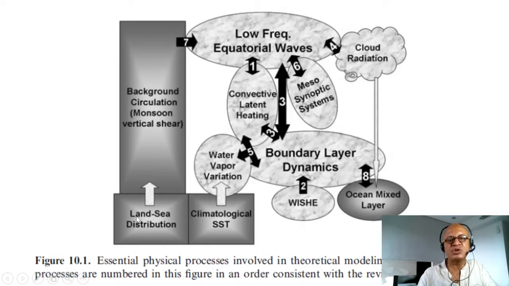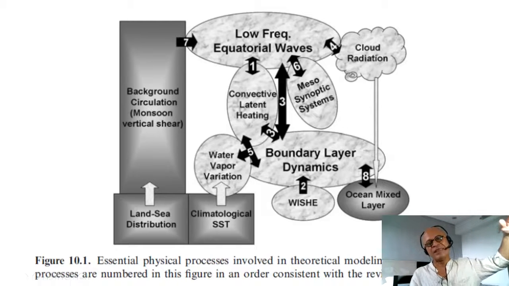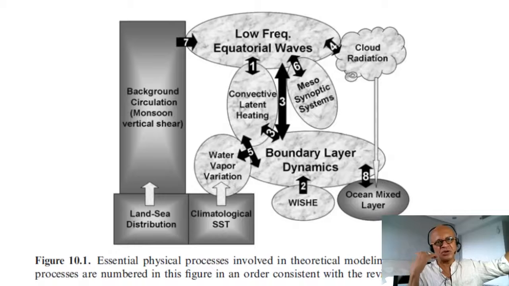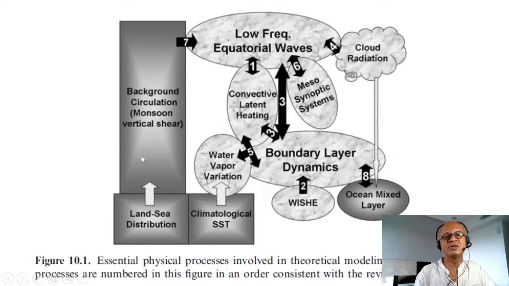So land sea distribution is obviously important for the monsoon circulation, and you have the land heating and ocean heating and the tropospheric temperature gradient, which just by your thermal wind response would give you the vertical shear. So that it becomes critical. There are SSTs that are supplying water vapor. Boundary layer dynamics are invoked by some theories, frictional convergence, moisture. So moisture, diabatic heating, and waves are critical for almost all of the theories.